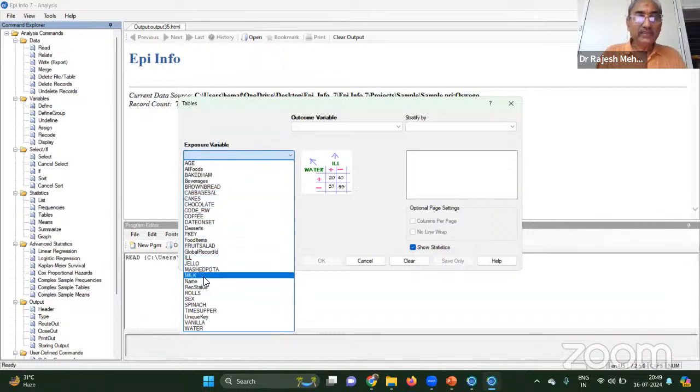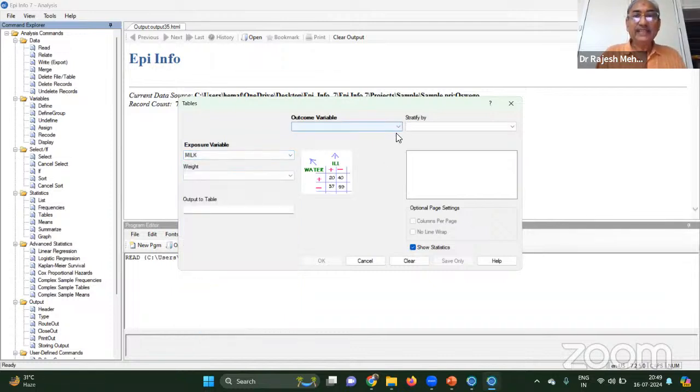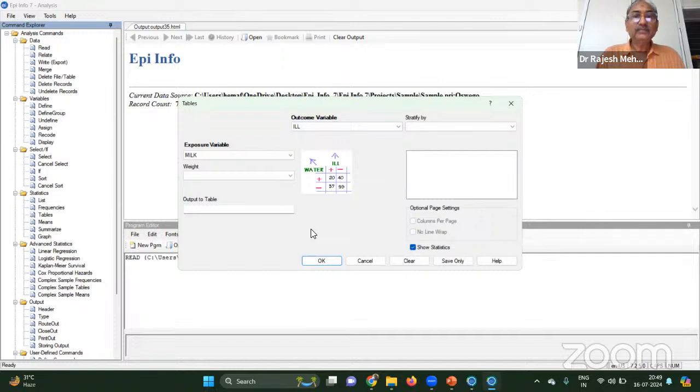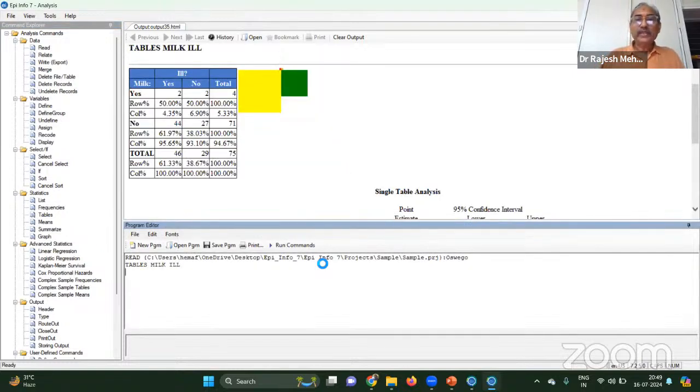That is, whether the milk has any association with illness or not. This you are comparing. 4 people took the milk, out of that, 2 became sick.